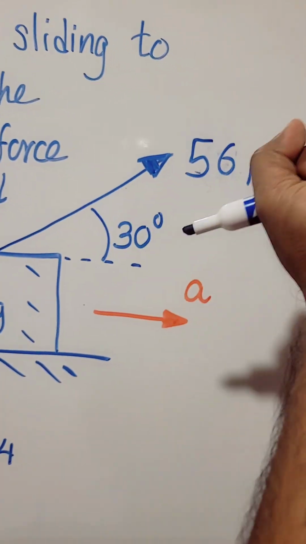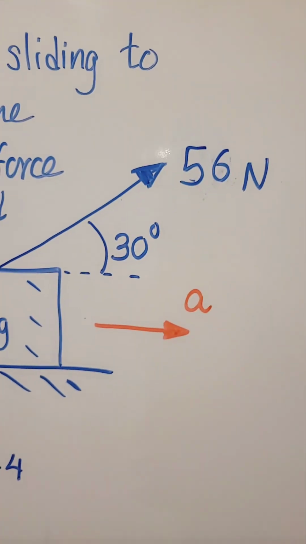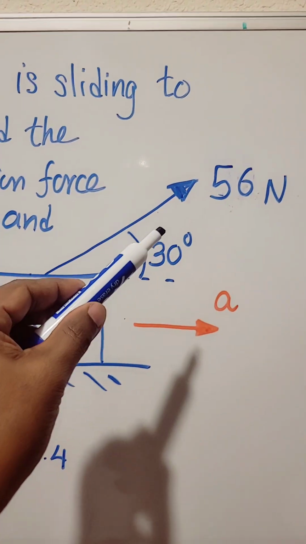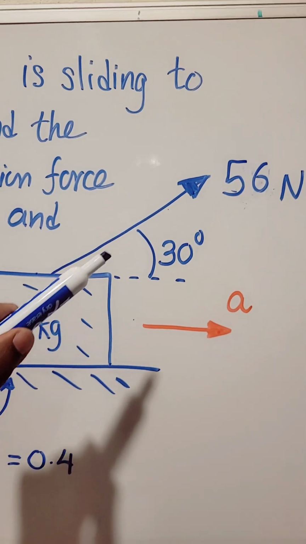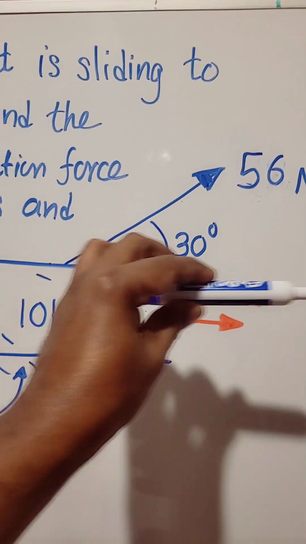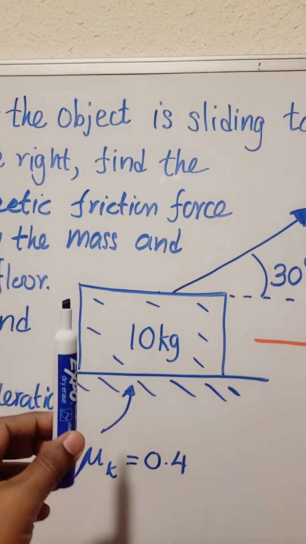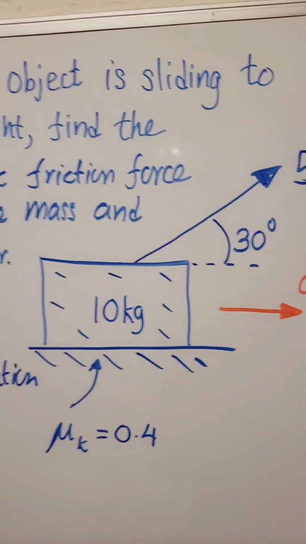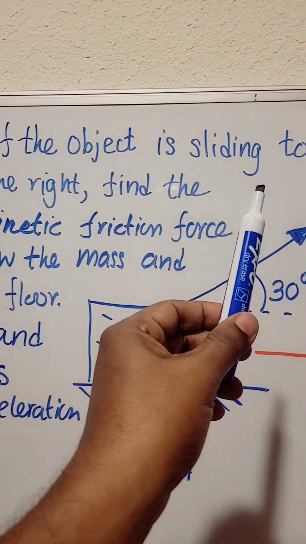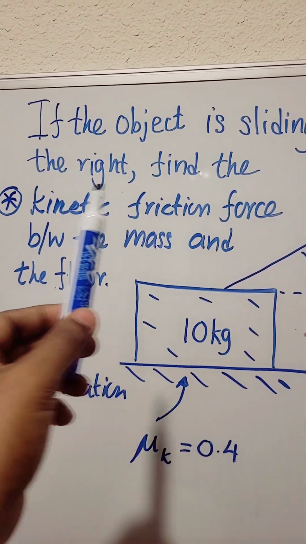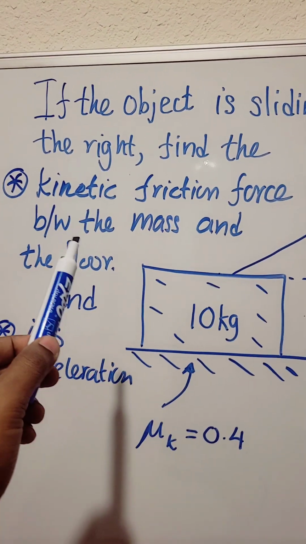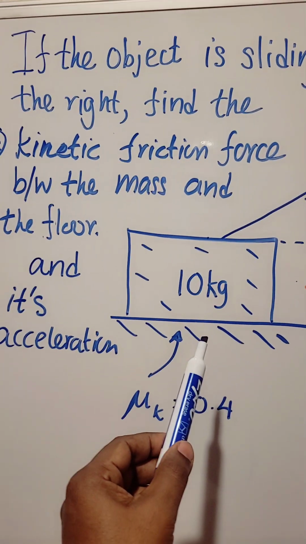Someone is maybe pulling in this direction, so there's a force applied, 56 newtons at an angle of 30 degrees with the horizontal. Because of that force, the object is sliding to the right. If the object is sliding to the right, find the kinetic friction force between the mass and the floor.